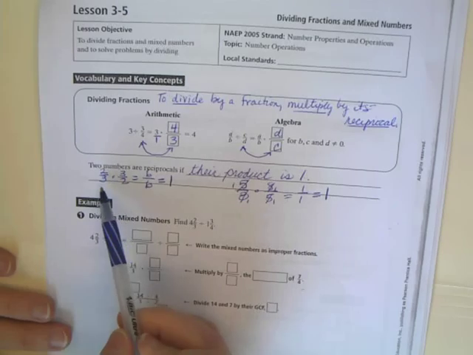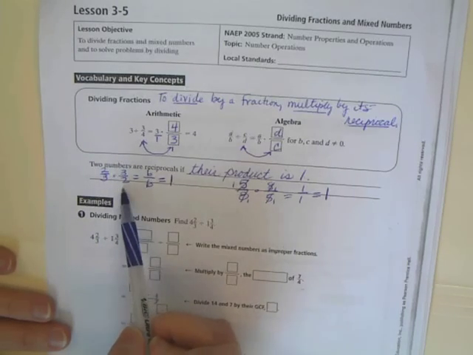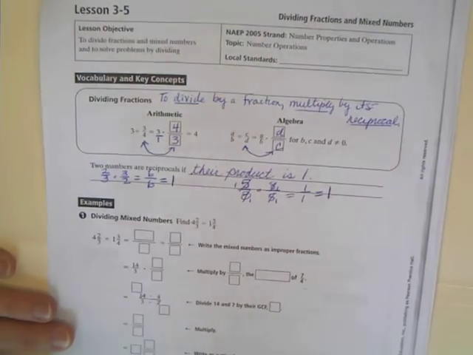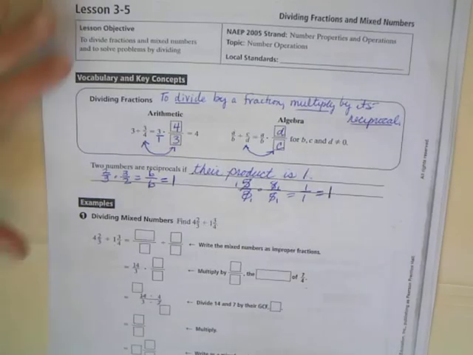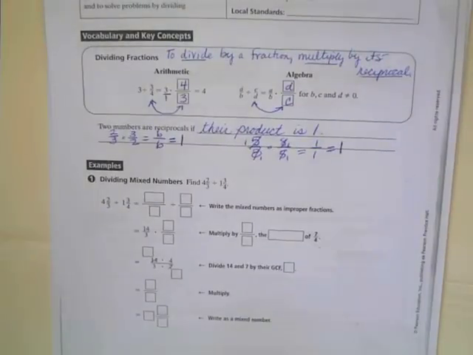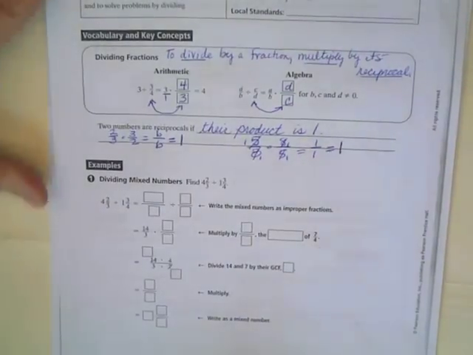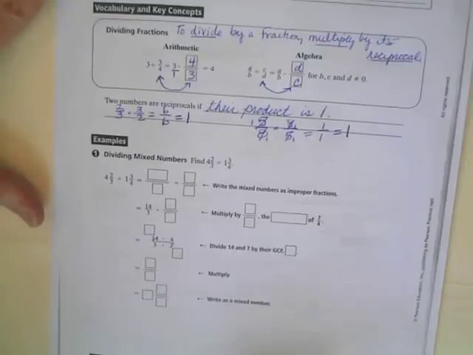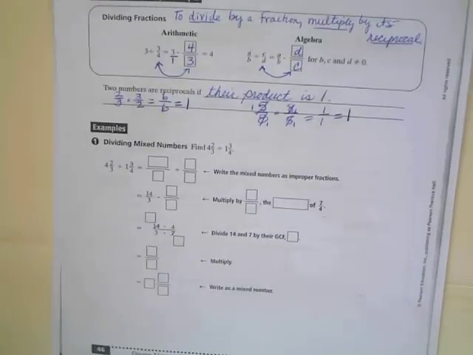So 2/3 and 3/2 are reciprocals, 5/8 and 8/5 are reciprocals, and so on. If you have a fraction, to take its reciprocal, you simply flip it over. You can prove that they're reciprocals by multiplying them together. Reciprocals are what we use when we're dividing with fractions and mixed numbers.